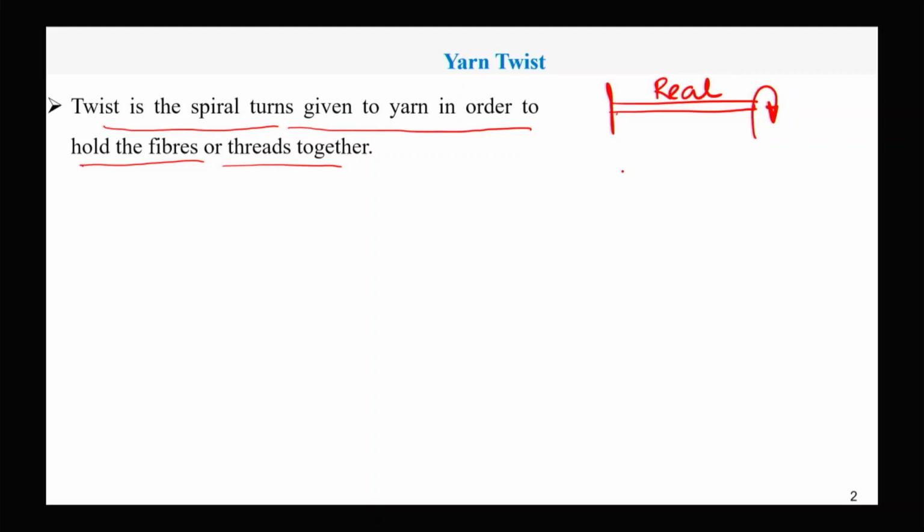In real twist, where there is no rotation at one end, there may be some linear motion also, but no rotational motion. So this may or may not have linear motion, but there won't be any rotational motion.